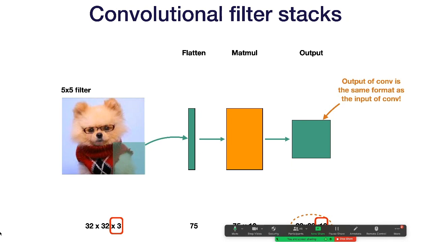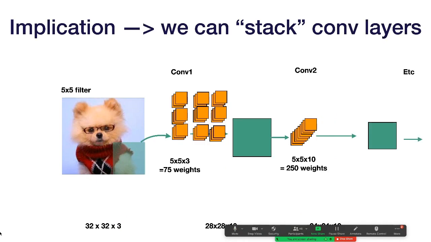So not exactly the same shape, but the same overall dimensions. It's still this 3-dimensional tensor. And because of that observation, the output of this filter is equally valid as the input to another convolutional filter, right? So we can just take another convolutional filter and apply it to the output of this filter. So we can stack these convolutional filters or convolutional layers on top of one another, and we can produce these separate layers, just like you would have in a fully connected network with multiple layers.